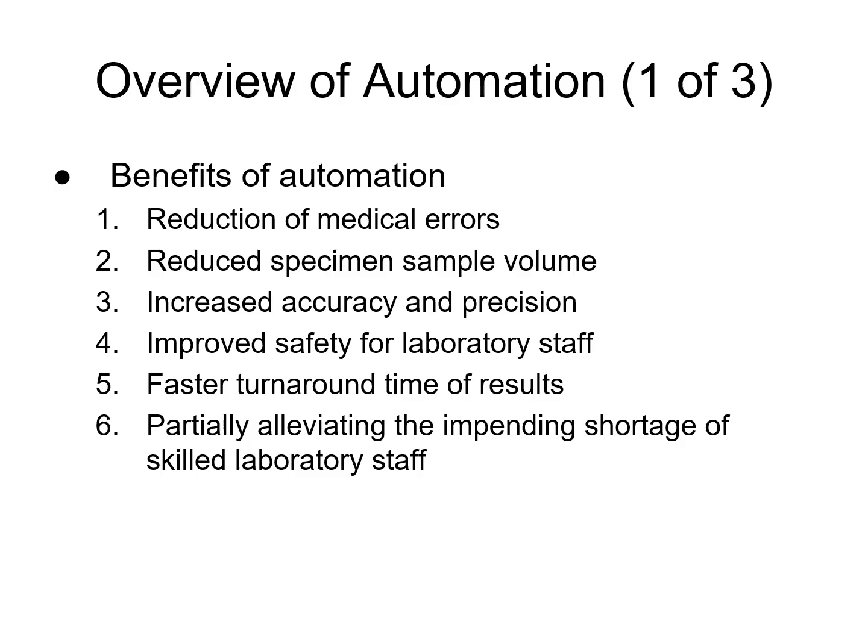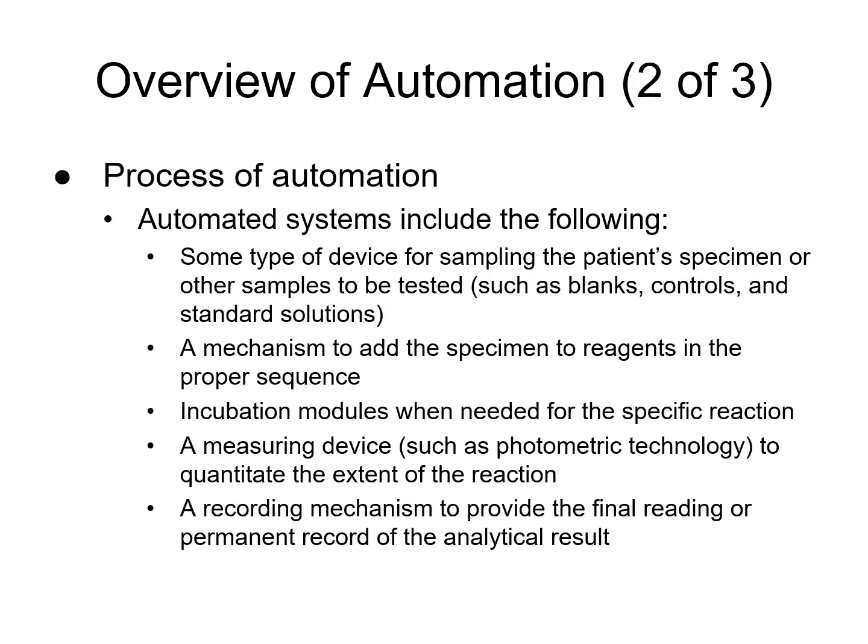And then partially alleviating the impending shortage of skilled laboratory staff. So hopefully, we won't run into huge staffing shortages. But if we do, we have a little bit of alleviation with having computers in the lab and integrated within the hospital systems. The process of automation.